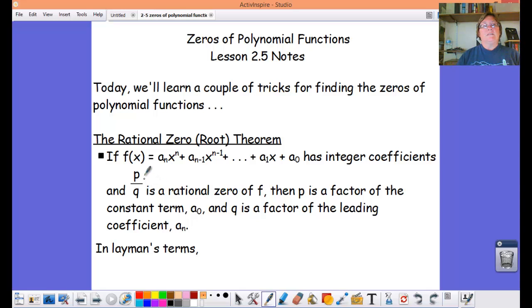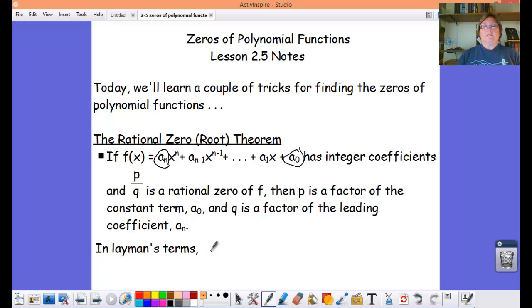A rational number can be written in fraction form. What this says is that the top of the fraction, p, is a factor of the constant term, and the bottom of the fraction, the denominator, is some factor of the leading coefficient.